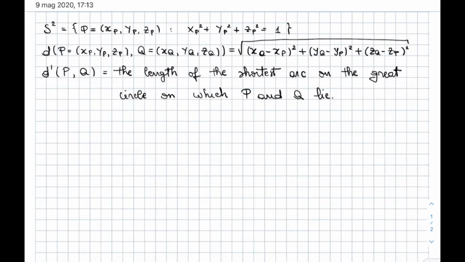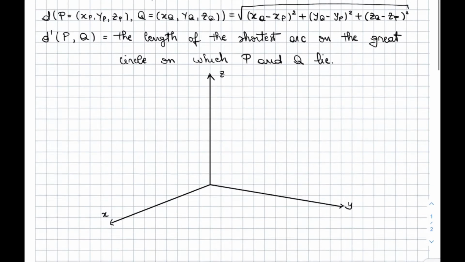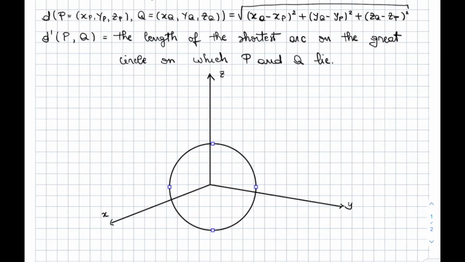So let me draw a picture to recall what this definition means. So we need the z-axis, the x-axis, and the y-axis. And we draw a sphere, which is the sphere of radius 1.